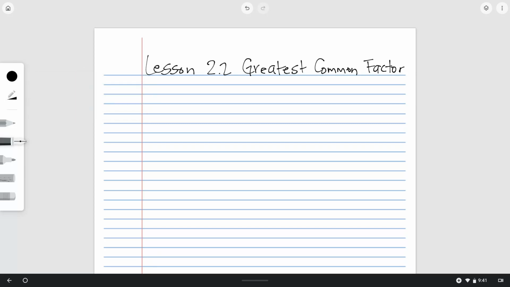And good math wizards practice their math so that they can be wizards. So we are doing lesson 2.2, greatest common factor.